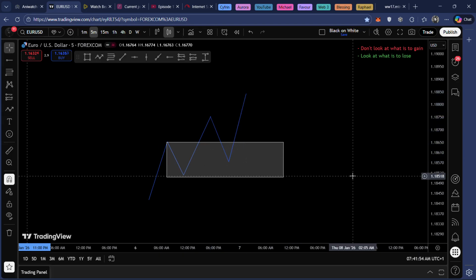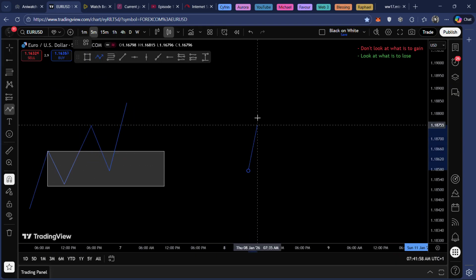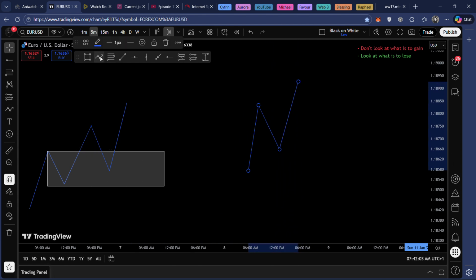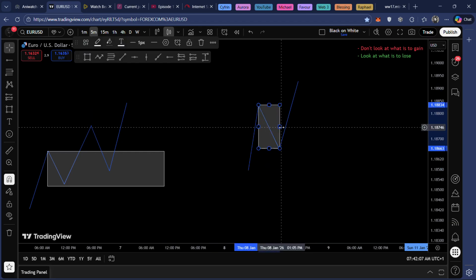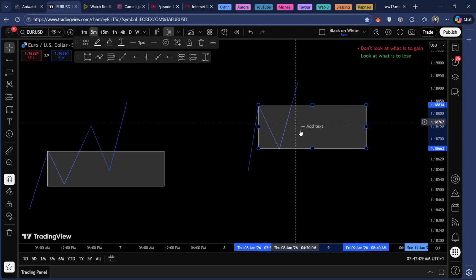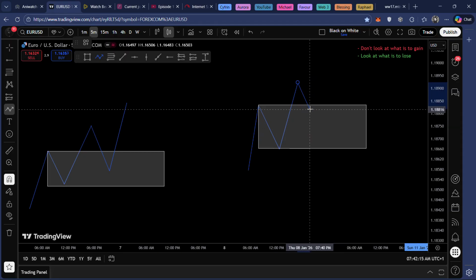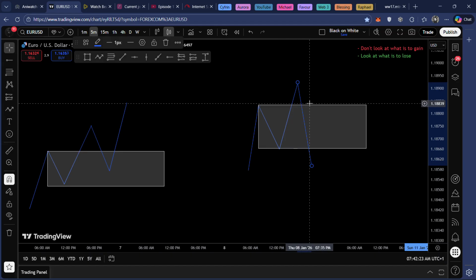Then for our breaker block, when we have this here, we look for our entry here to buy. So when price comes like this, we look for our entry within this zone between here and here to buy. But when it fails and breaks it, now this is the breaker block.